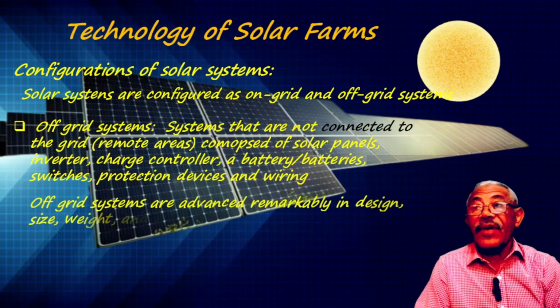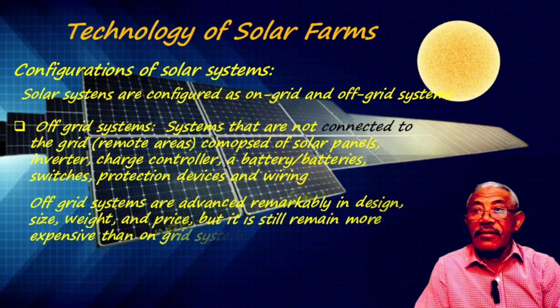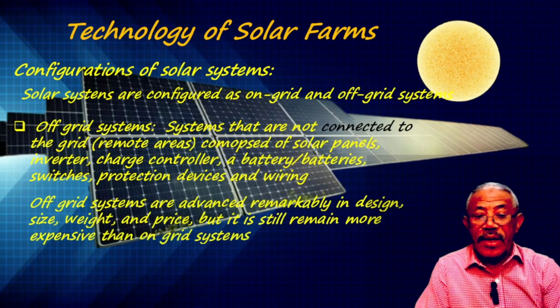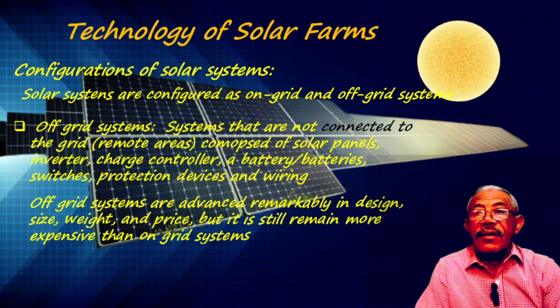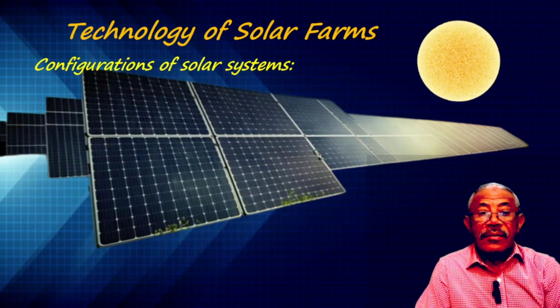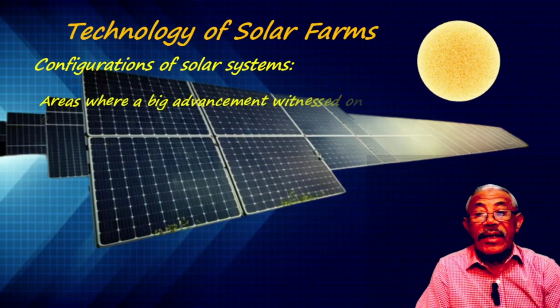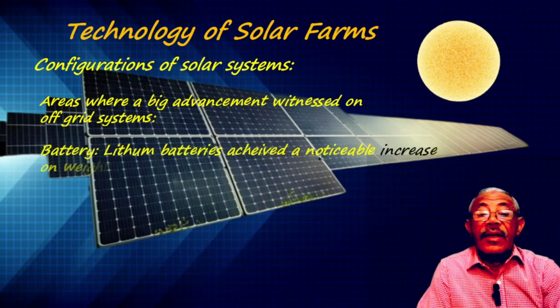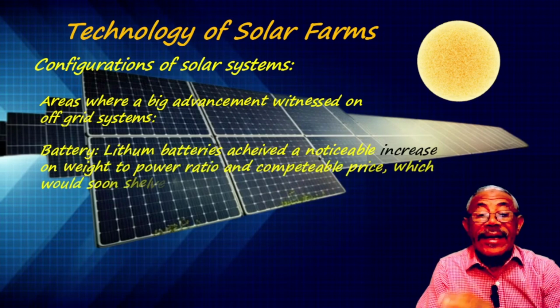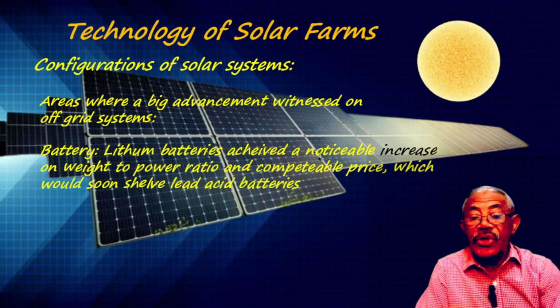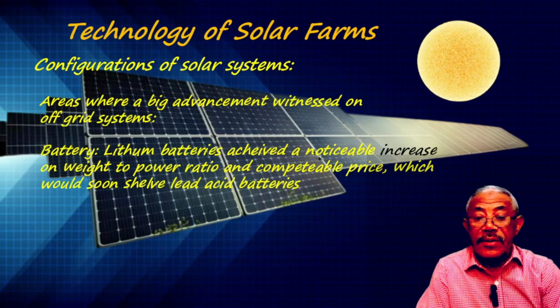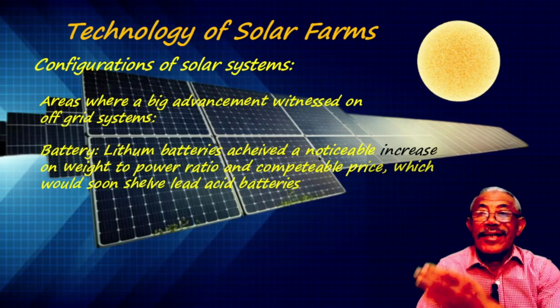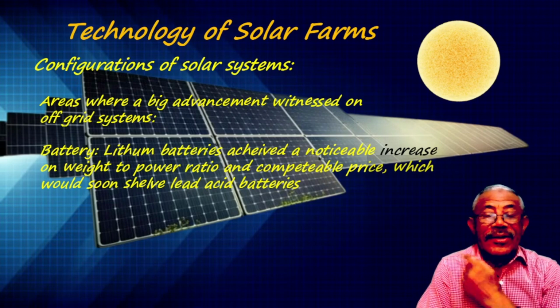Off-grid systems are advanced, remarkable in design, size, weight, and prices, but still more expensive than on-grid systems. Areas where a big advancement was witnessed on the off-grid systems are batteries. Lithium batteries achieved a noticeable increase in weight to power ratio and competitive prices, which would soon shelve the lead acid batteries.